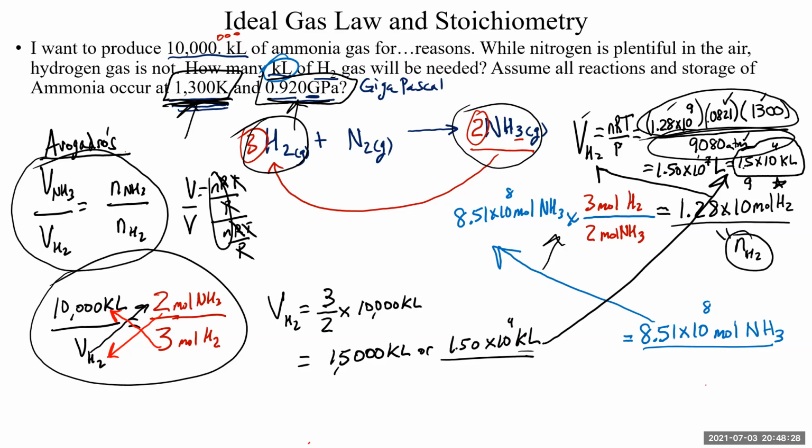That would have been a situation where there would be no shortcut. You couldn't use Avogadro's law there because you have two different conditions. T and P wouldn't cancel out, and you'd have to take the ideal gas law and use it twice, once for ammonia and once for hydrogen. But in this case, I kept them the same. And you can see one step: Avogadro's law, solve for the unknown volume, and you have it.